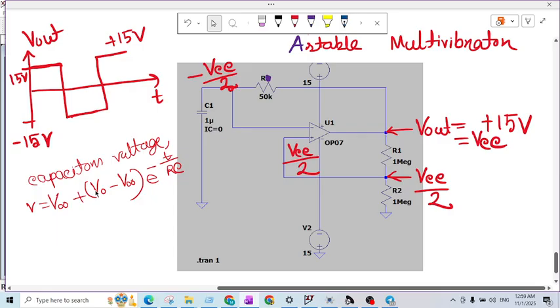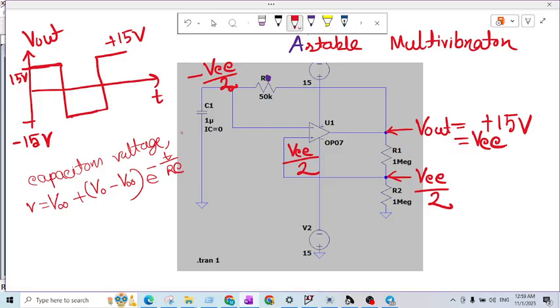So what is V naught? V naught is the voltage initially. So now if we start the time from this moment, the voltage is VCC by 2. So let's write here V naught is VCC divided by 2.